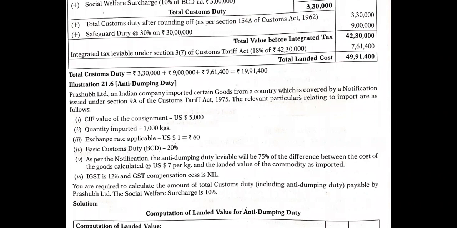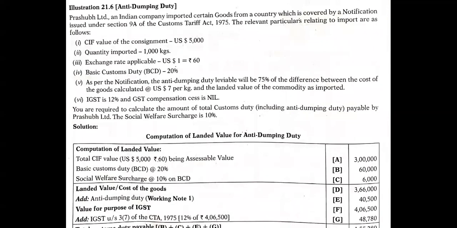You are required to calculate the amount of custom duty, including anti-dumping duty, payable by Prabhu Limited. The social welfare charge is 10%. Now let us calculate the computation of landed value and anti-dumping duty.